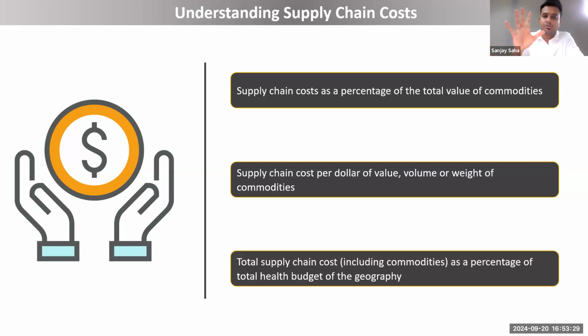So $1 million worth of medical products are distributed by the state every year in their health facilities. Out of that $1 million, do they know the cost of delivering that $1 million of medical products?